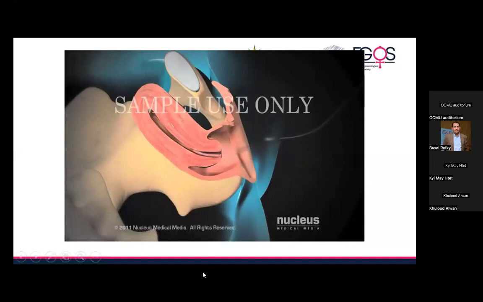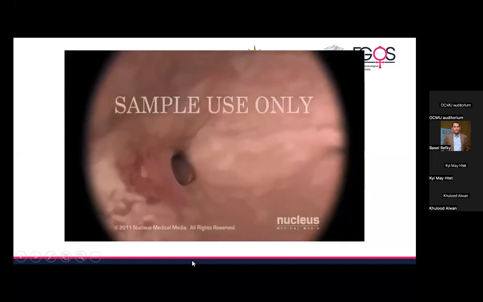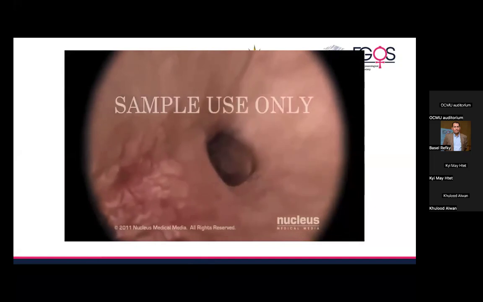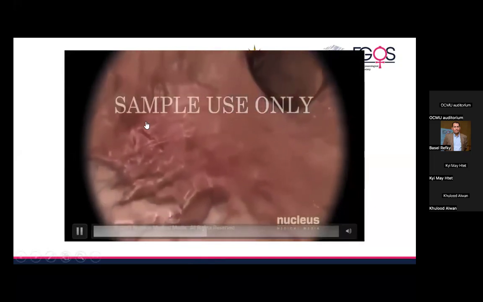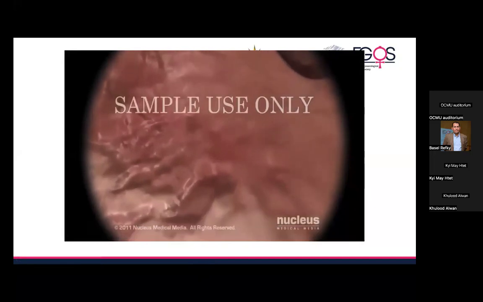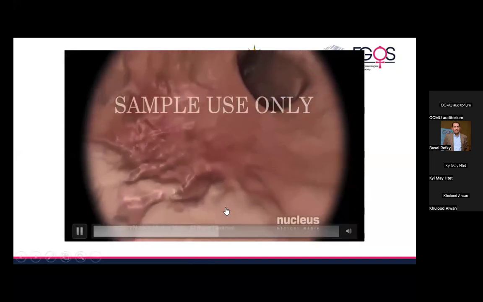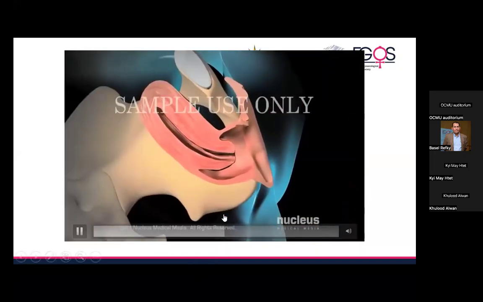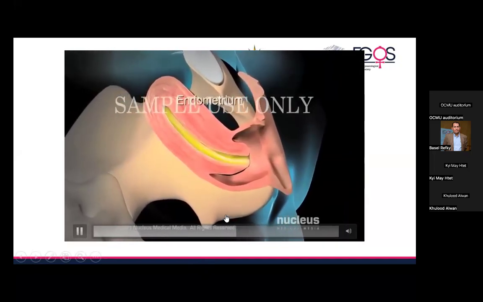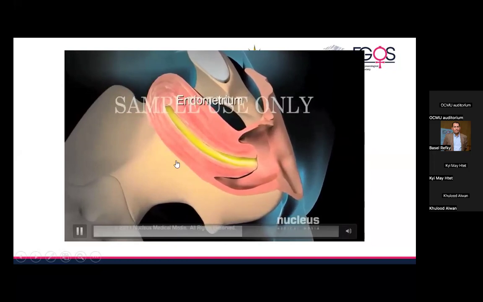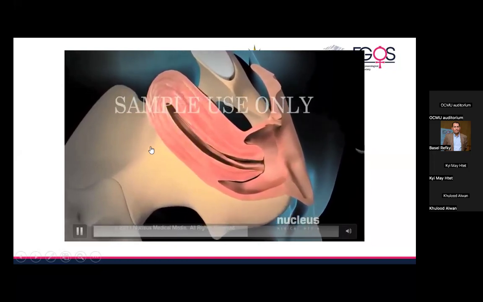Once the cervix has been expanded to about 6 to 9 millimeters, your doctor may perform a hysteroscopy, a procedure in which a small light and camera are used to examine the inside of the uterus for abnormal areas. Next, your doctor will perform curettage, which is the surgical removal of part or all of the uterine lining, called the endometrium.